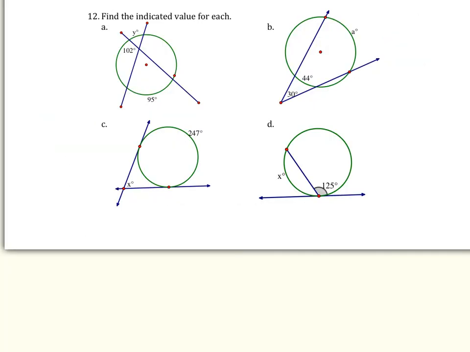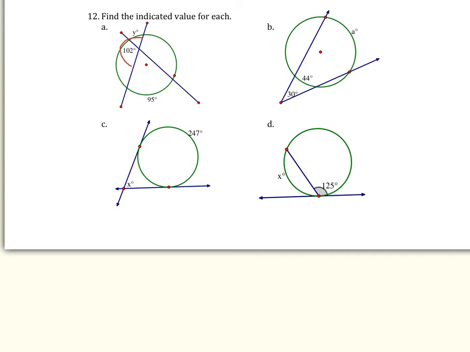All right, on A, I see that I have this intercepted arc and I have this intercepted arc, which go with this angle and this angle. And I don't have those angles and I don't have one of the arcs. I do see, though, that with the 102, I have a supplementary angle there because that's on a line.